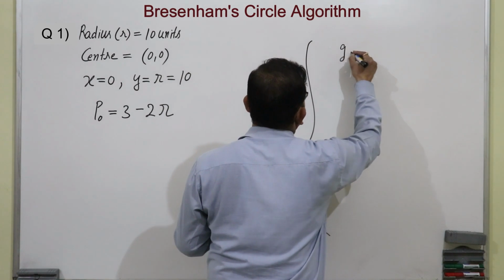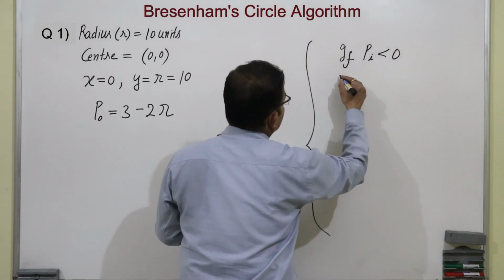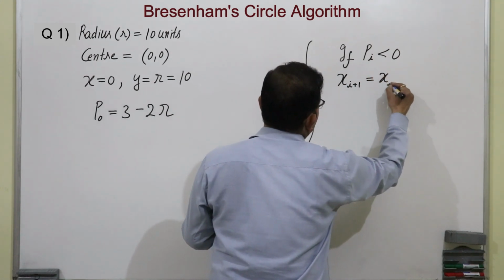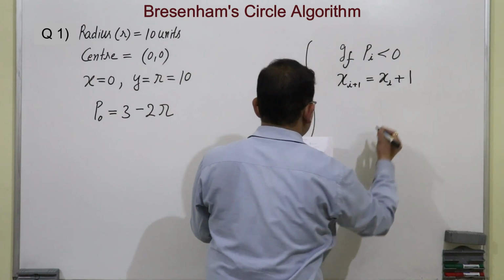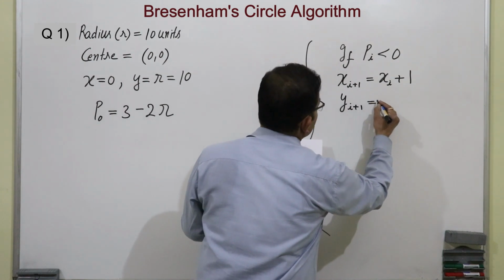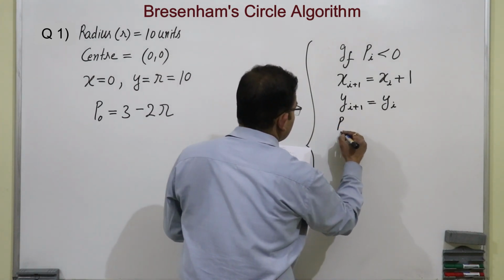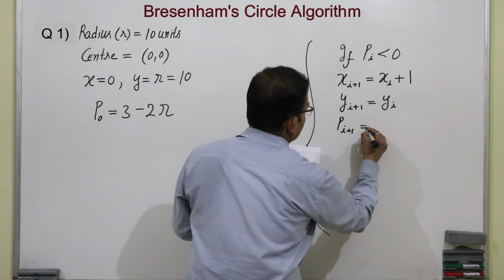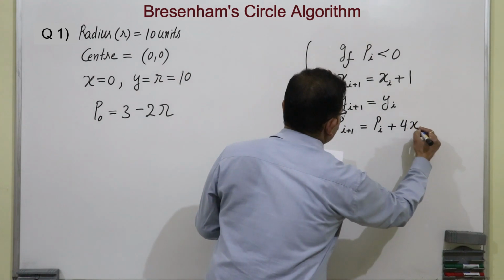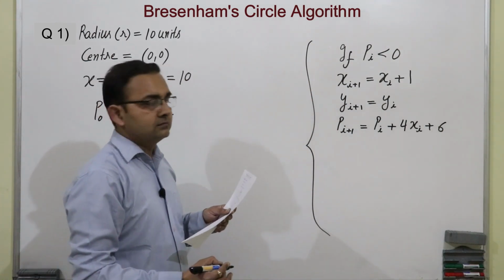If Pi is less than 0, then xi plus 1 equal to xi plus 1, yi plus 1 equal to yi, and Pi plus 1 equal to Pi plus 4 xi plus 6. Okay.